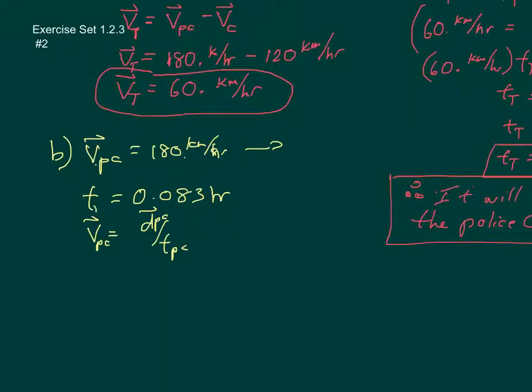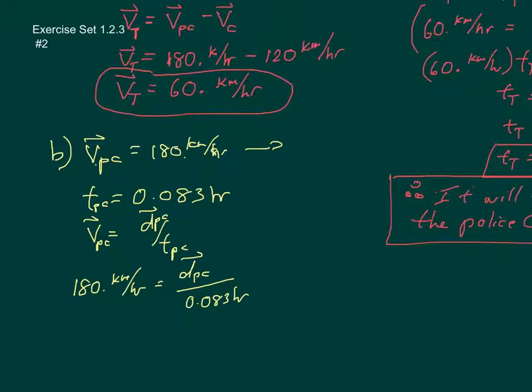And this was also time for the police car. So during that time, he was doing 180 kilometers per hour. We don't know the total displacement of the police car, but we do know for how long, 0.083 hours.